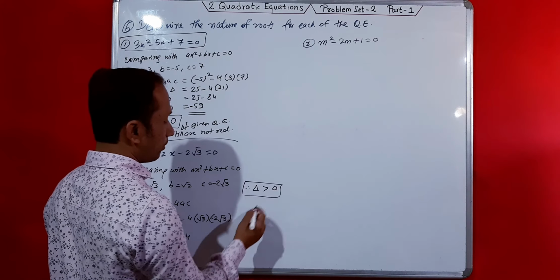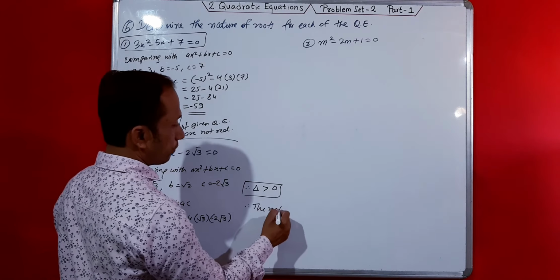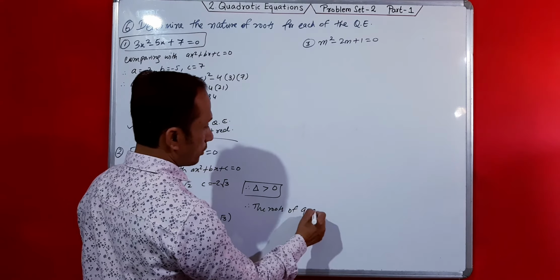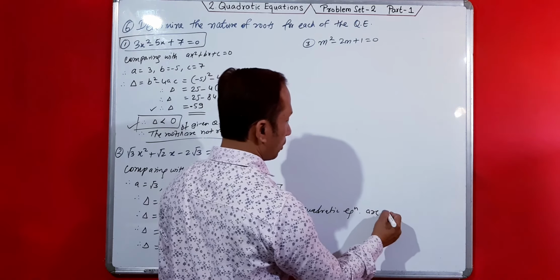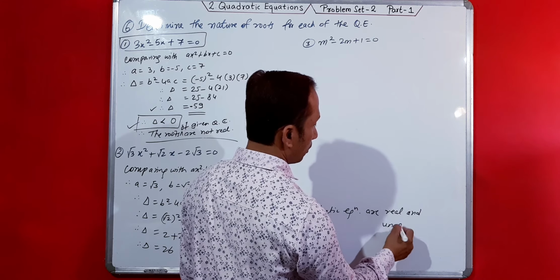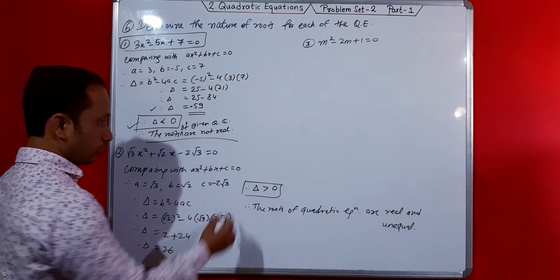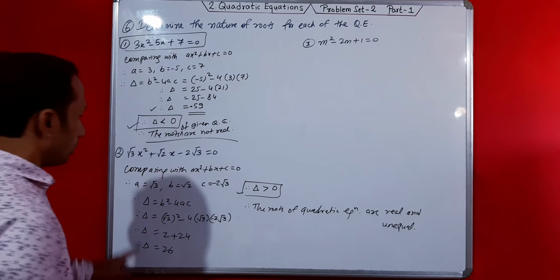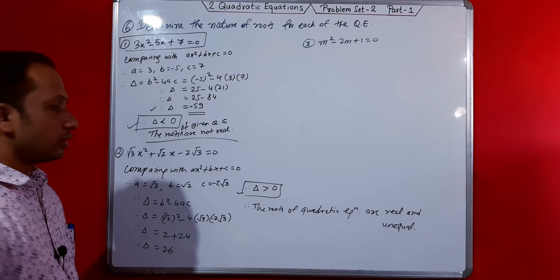If I compare, therefore the roots of the quadratic equation are real and unequal. If delta is greater than 0, the roots are real but unequal. So you have to do the calculation: 8 into 3 is 24.